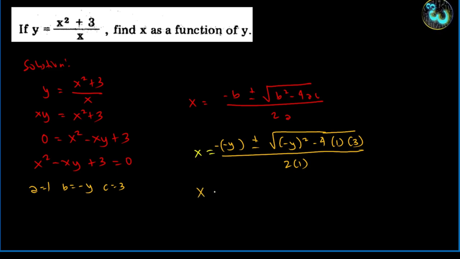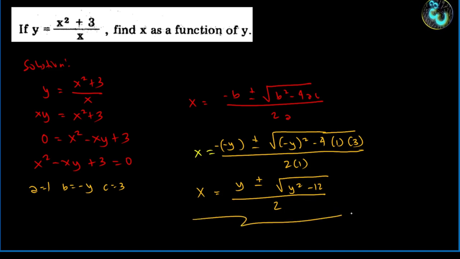So x now is equal to positive y plus or minus the square root of y squared minus 4 times 1 times 3, which is 12, over 2. And this is now our answer.